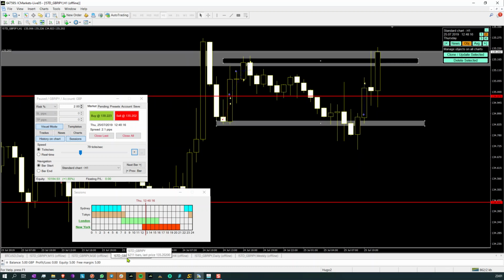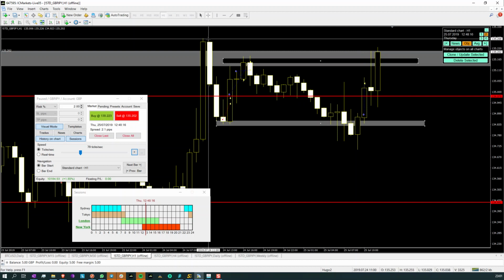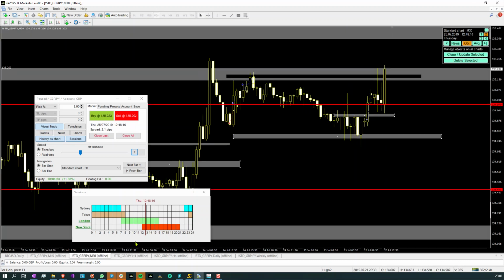One hour looks very bullish because we just, how much is from here to here? 7 pips already.